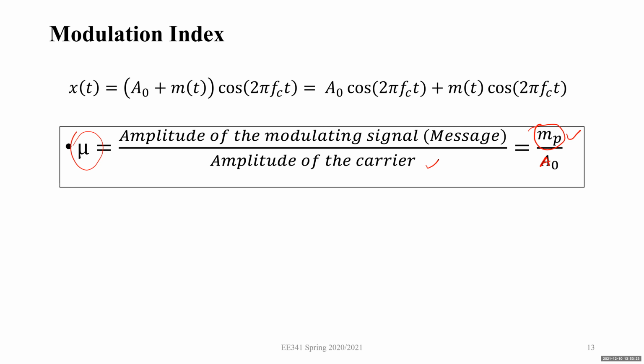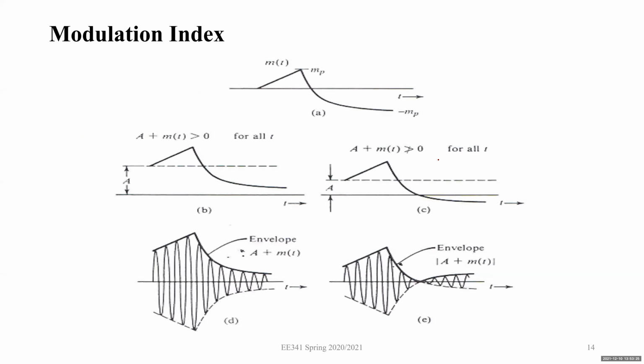This is the maximum amplitude of the message signal divided by the amplitude of the carrier. Okay, so we will see that Mp is the maximum peak of the signal, this is the negative peak of the signal, this is my message signal. When A plus m(t), where A is the DC offset, is greater than 0, the signal will be slightly above the 0 axis.